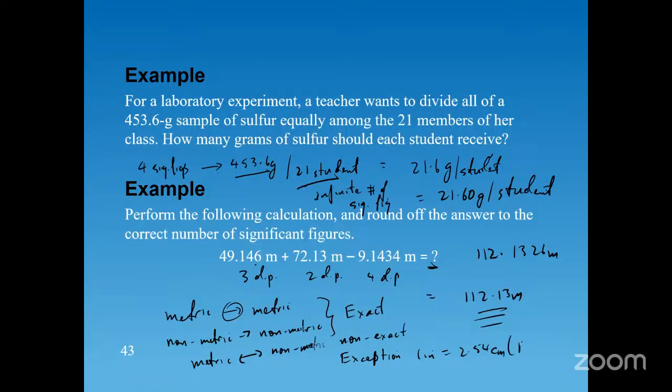This is an exact relationship, even though you're going from non-metric to metric or vice versa. But all other relationships where you're going from metric to non-metric or the other way around are not exact relationships, so you have to take that into account when doing calculations involving those types of numbers.